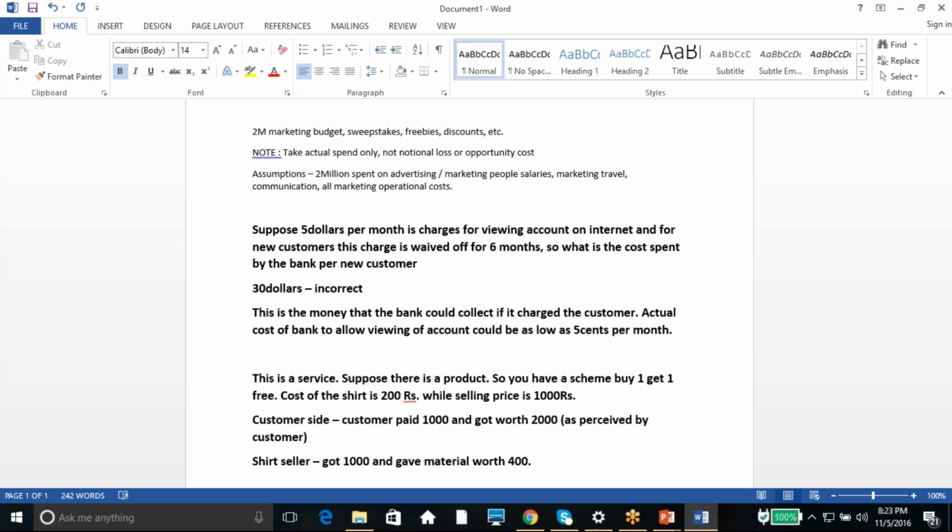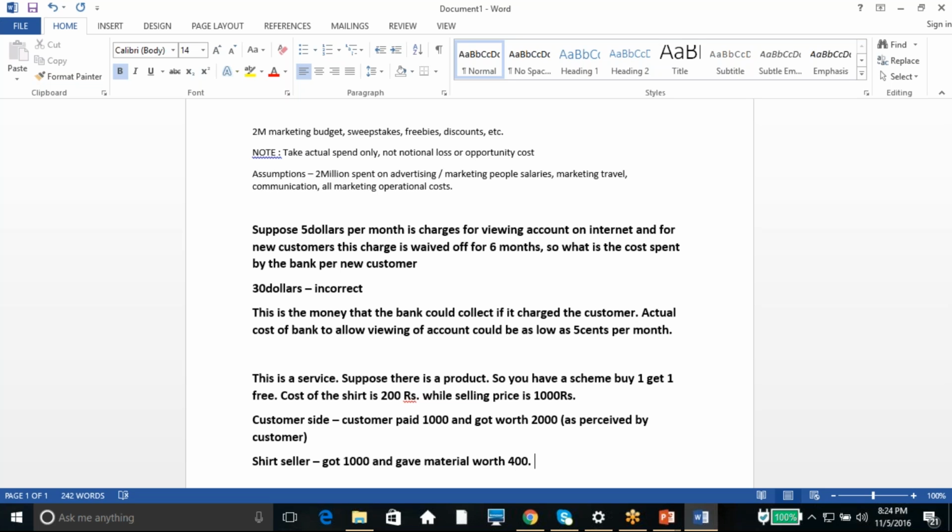But there is some cost for what that customer is asking for, a service for the bank to give. And that cost of that service may be very, very low. So in the service domain, you have this very big advantage, with Reliance Jio and all these things happening right now.